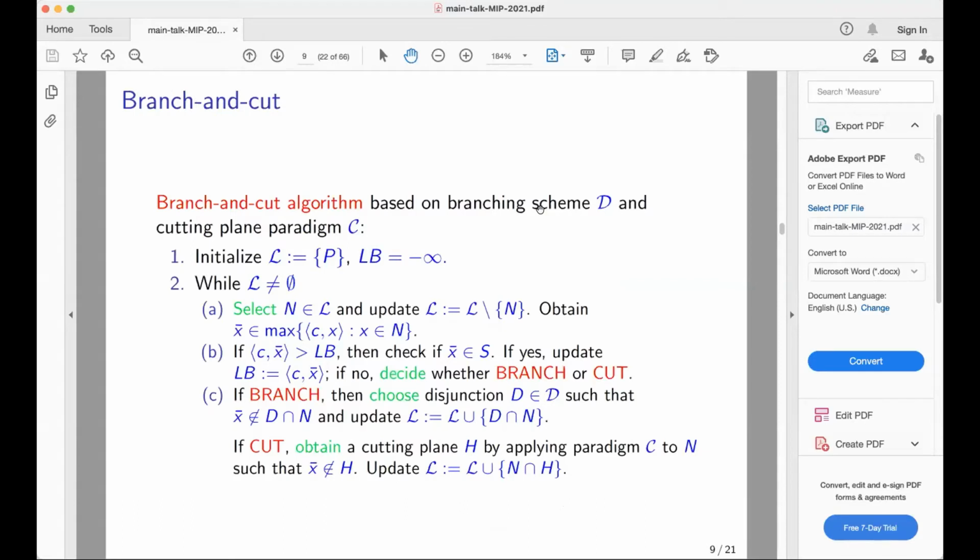Well, it's just a modification of branch and bound, where at every stage, when you're deciding whether, here's a subproblem that I want to process, you can add in a new step here, which you see in step 2b, where you decide whether you want to add some cutting planes locally to this subproblem, or you want to branch on this based on some disjunction that you choose. Okay, so that's branch and cut.